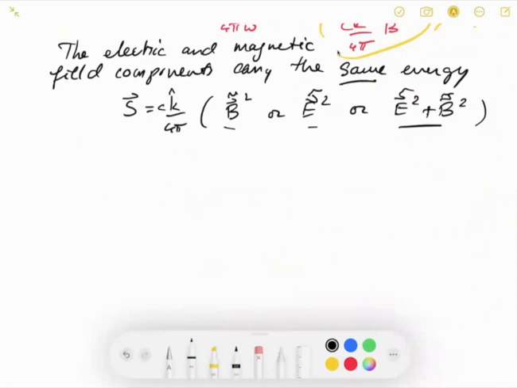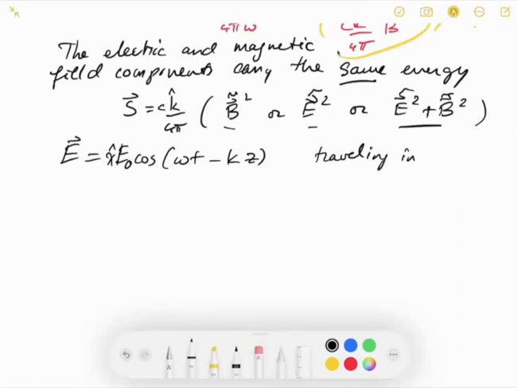So for instance, without loss of generality, I can just say it's some cosine of omega t minus kz, with some kind of a prefactor E naught, traveling in this case in the plus z direction.